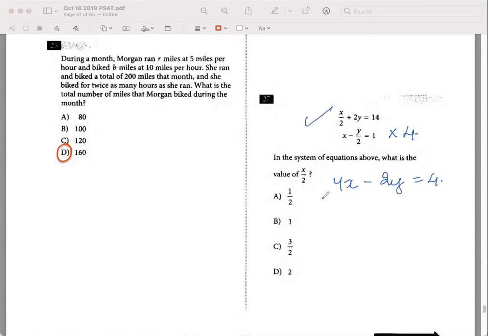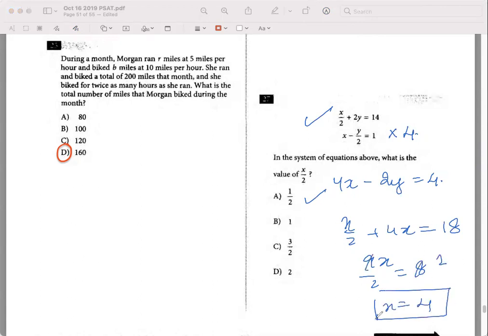And then I'm going to add this and this. So I'll get x by 2 plus 4x is 18. So 9x by 2 is 18. So x is 4, right? Now x is 4, so the value of x by 2 would be 2, option D.